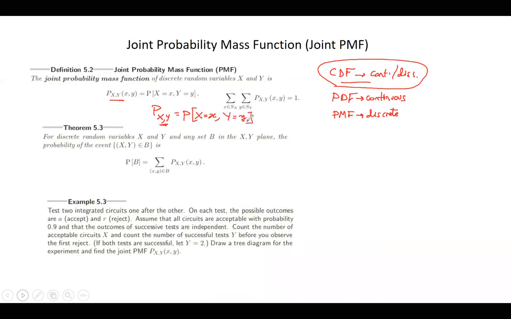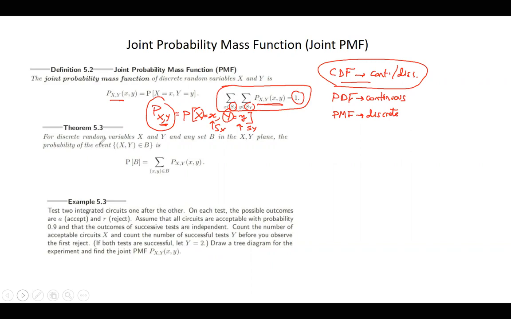Okay, so in order to construct this, we have to insert all x and y values over the range of random variables X and Y. Typically, this is written as S_X and S_Y, which are the sample space of X and Y. And from the probability axioms, we know that the summation of joint PMF over the range of sample space here should be unity.